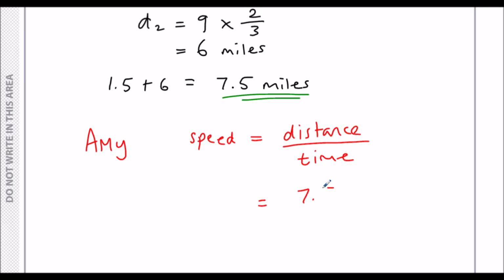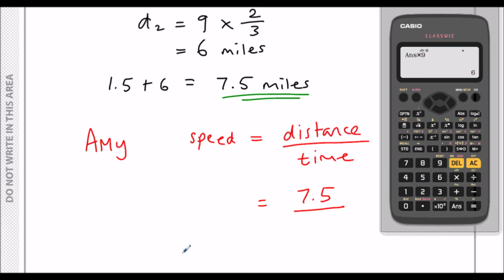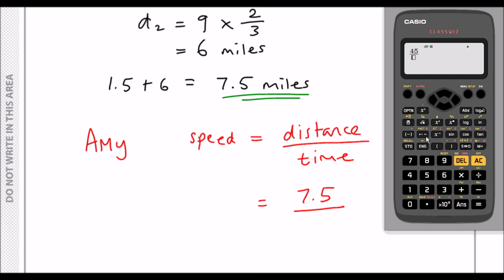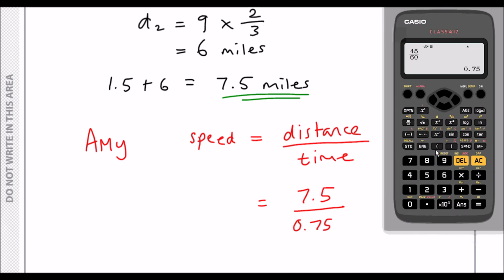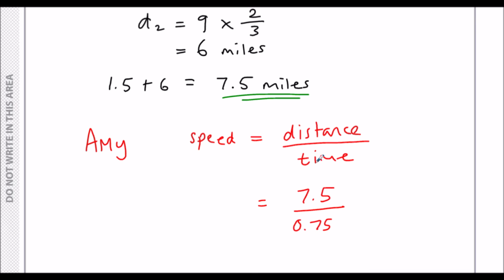So 7.5 divided by 45 minutes. But again, 45 sixtieths of an hour is 3/4 of an hour, or 0.75. So 7.5 divided by 0.75 is 10. 10 miles per hour.